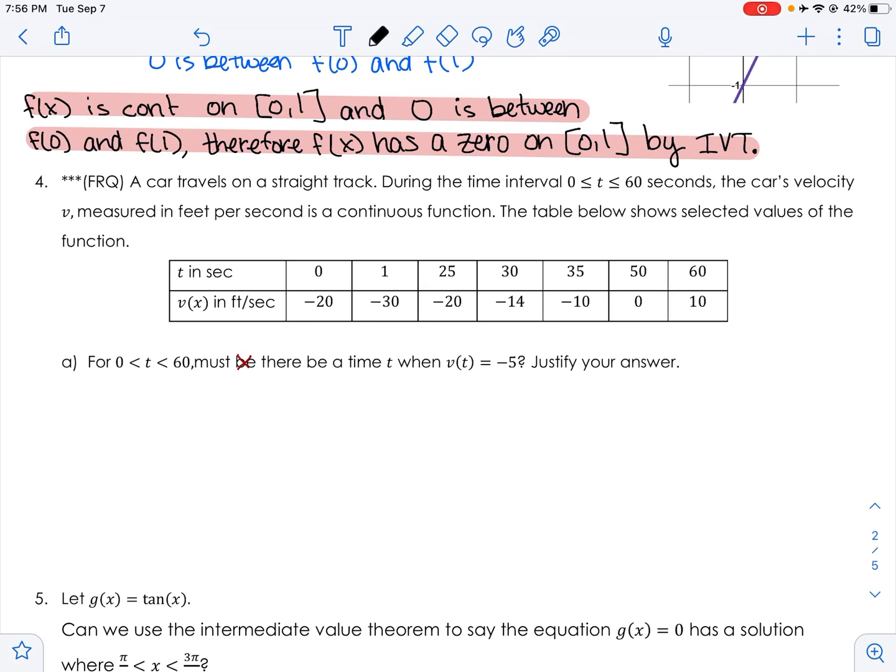So there's that key part: it has to be continuous. The table shows some selected values below. Part A: for t greater than 0 and less than 60, must there be a time t where v of t equals negative 5? Justify your answer. If we look at it, where in the table would negative 5 fall into a y value?